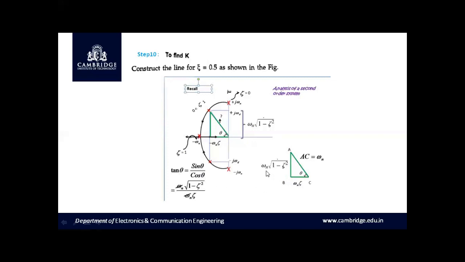Omega n and omega n will get cancelled out. Therefore, cos theta will be equal to zeta. In many of the equalities, we have used this analysis while working with the second order system. Therefore, here we can take the relationship cos theta equal to zeta.